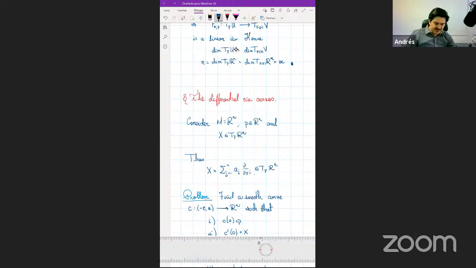Where X is given by this, or if you prefer, this is a1, but when you think about it as a vector. Any ideas?